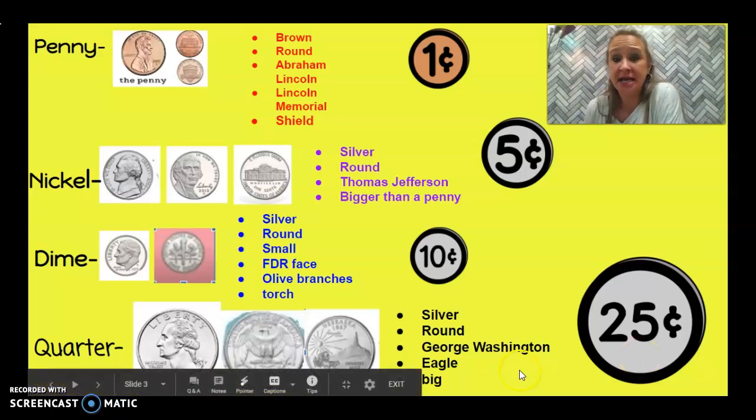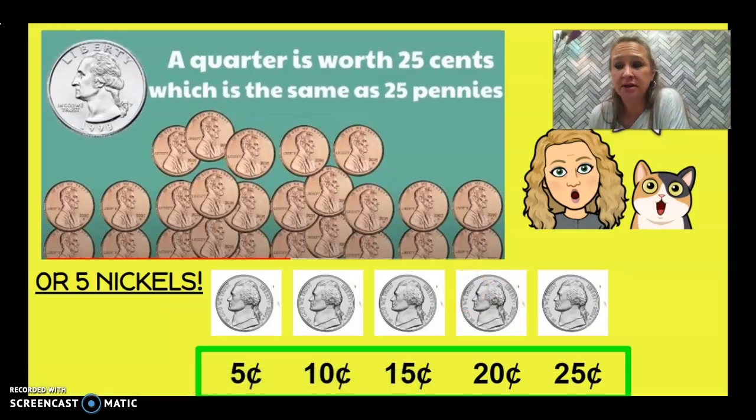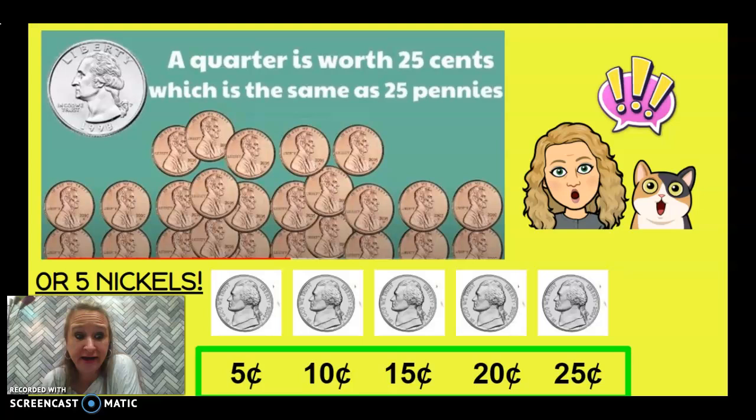All right, so today we are going to count quarters. A quarter is worth 25 cents, which is the same as, hold up, 25 pennies. I think we need to double check their math. Okay, ready?